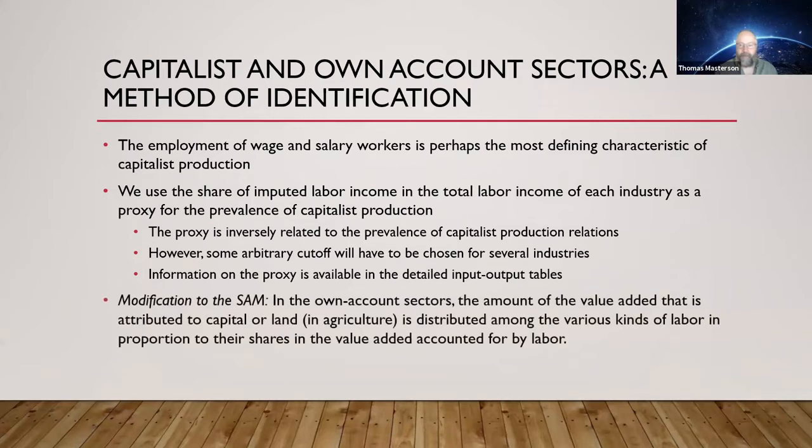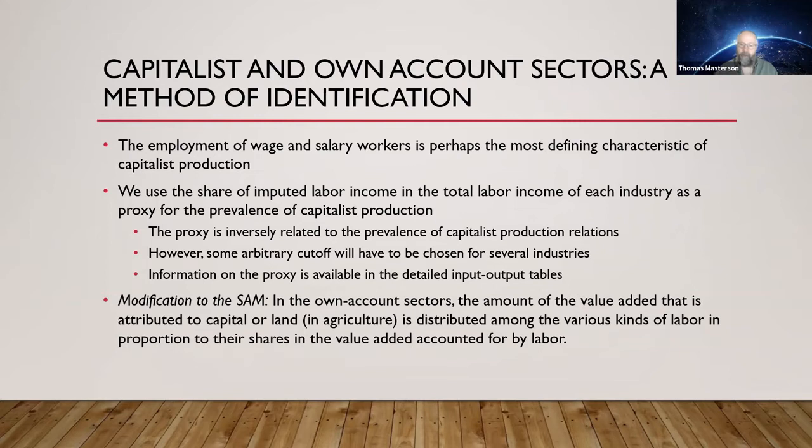The amount of value added that goes to capital or land is distributed among the various kinds of labor in own account sectors. Whereas in the capital sector, only labor income goes to households, in the own account sector, the total income goes to households, but we distribute it among the different kinds of labor that we defined earlier: rural, urban, and the 4 categories of educational achievement.